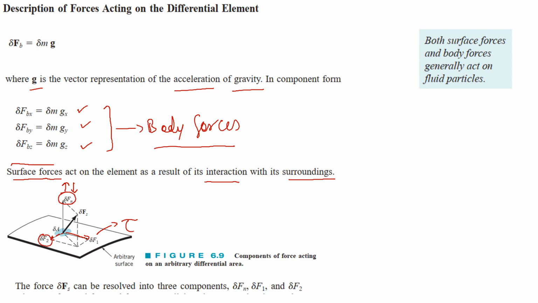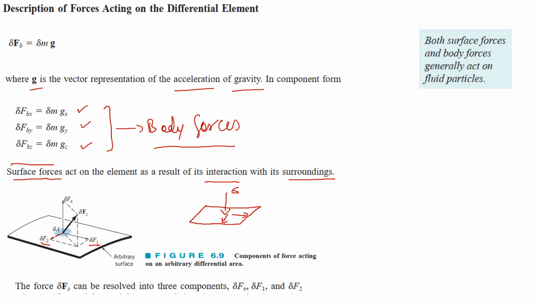So in every plane, if we take this as a single plane, there will be the normal stress due to the normal force, and two shear stresses in this direction and in this direction, which are due to the two forces lying in the plane, delta F1 and delta F2.